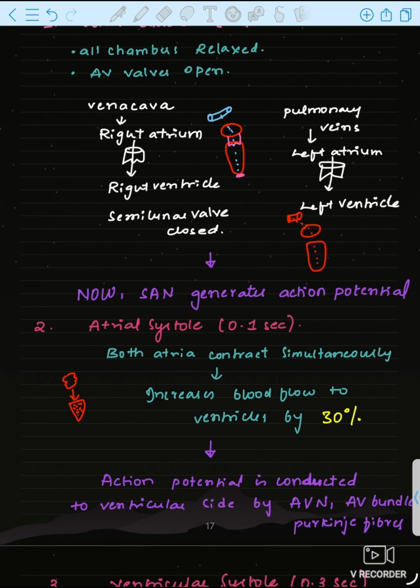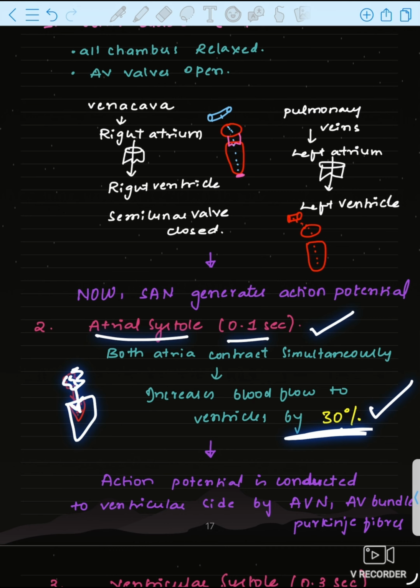In atrial systole, which is about 0.1 second, the atria will contract, and both the atria contract simultaneously and increase blood flow to the ventricles by 30%.